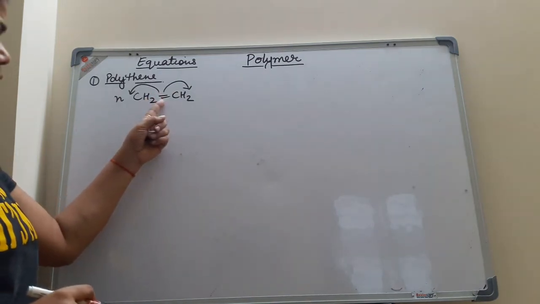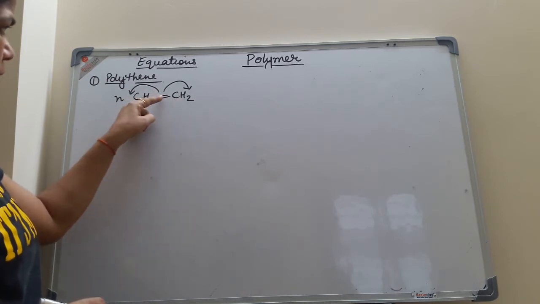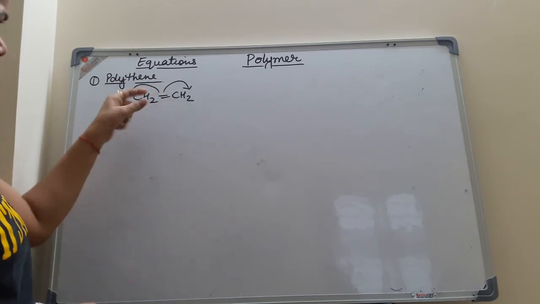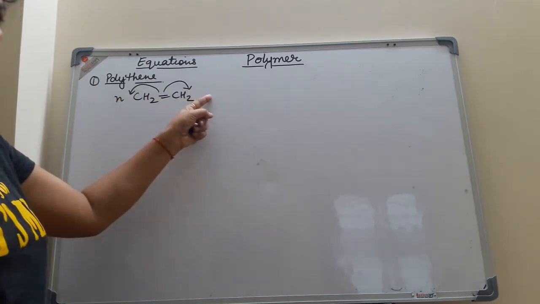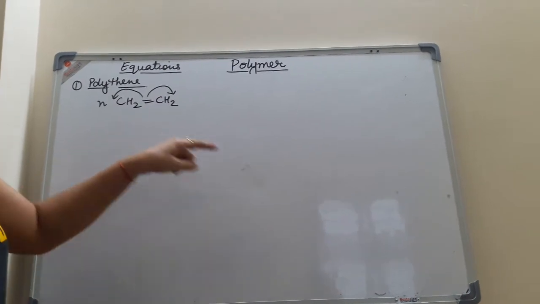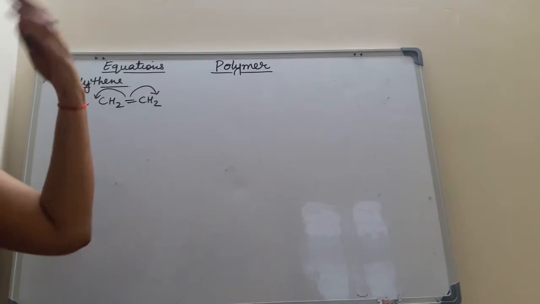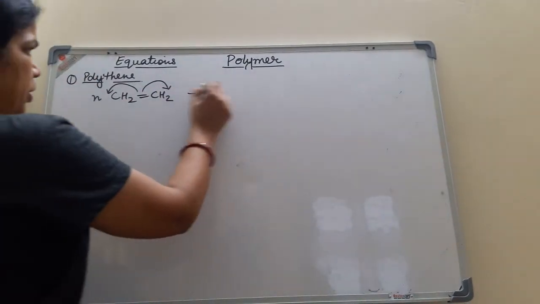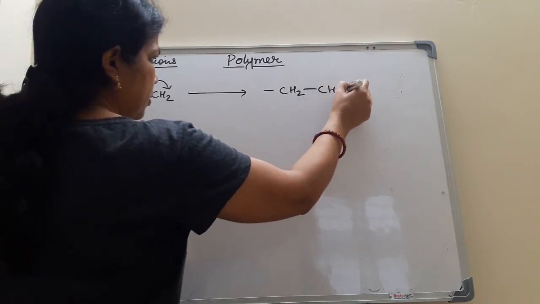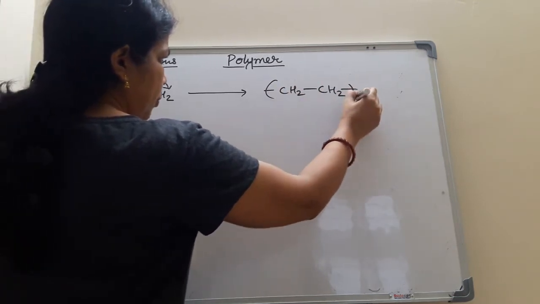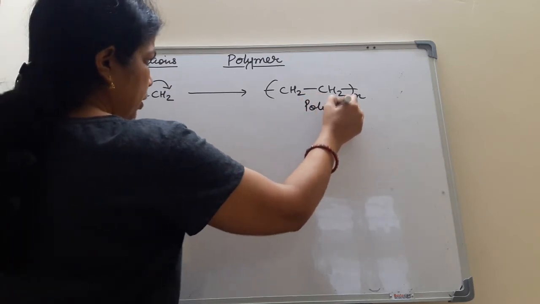There, homolytic fission between carbon and carbon will take place, so that one single bond will fission equally, one part of the bond will develop on this side and another part on this side, and the double bond will change into a single bond. N number of molecules means more than 10 to the power 7 molecules will participate in the reaction. So you will write the reaction like this. This is the formation of the polymer, and it is polythene.